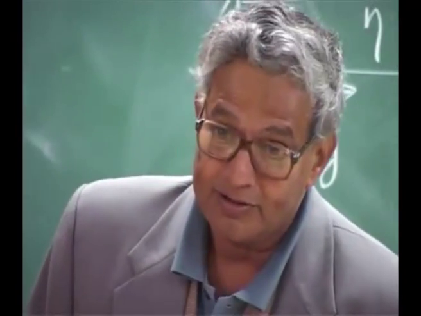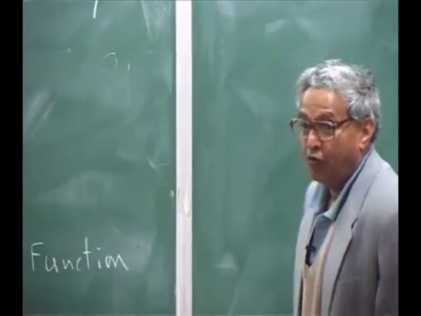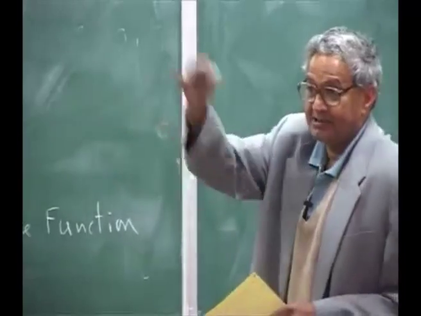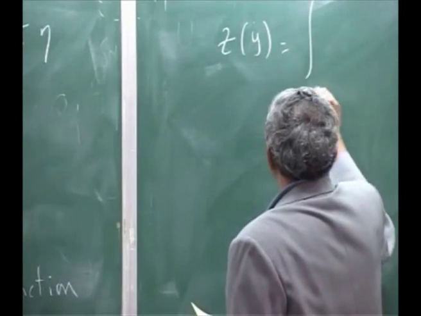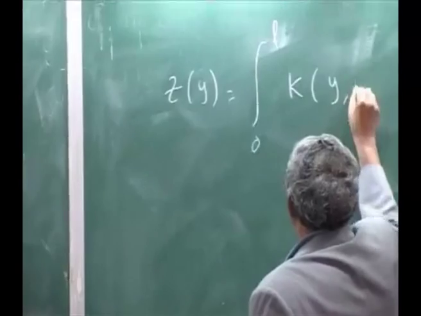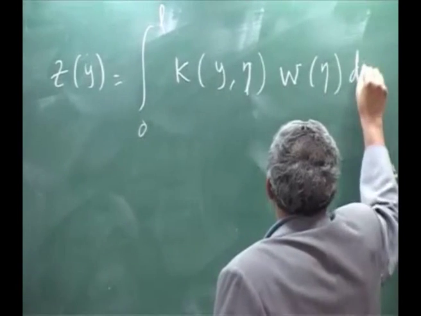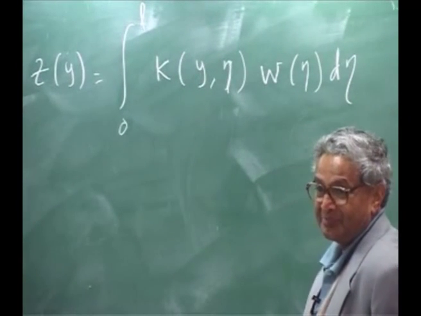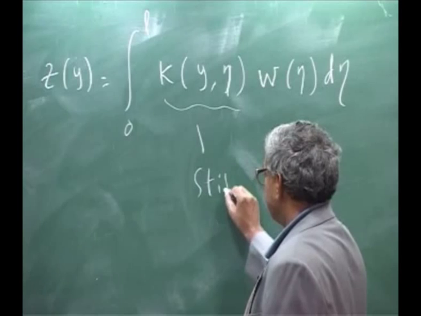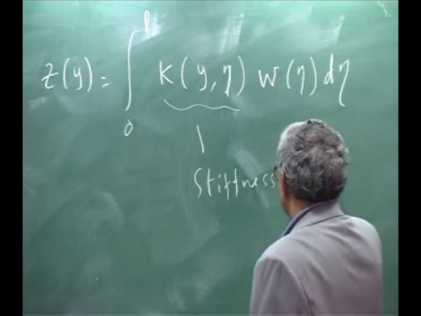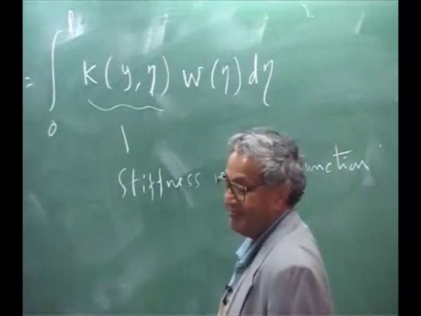Actually what you want is force at any point in terms of deflection at all the points. That means you will be writing some k times w(eta), okay. This is the stiffness influence function. This is difficult to get.